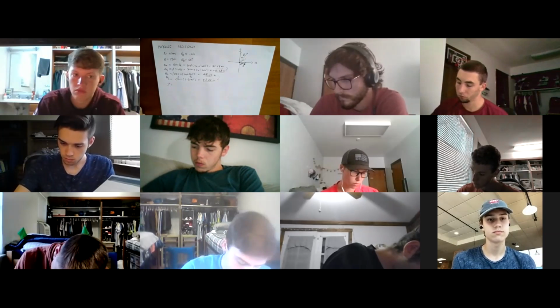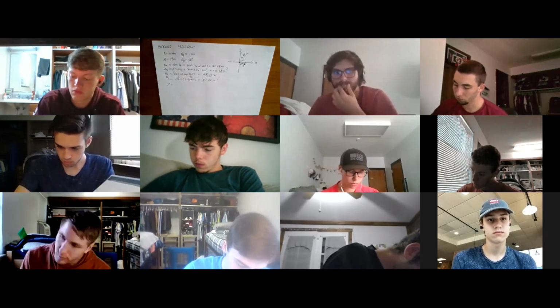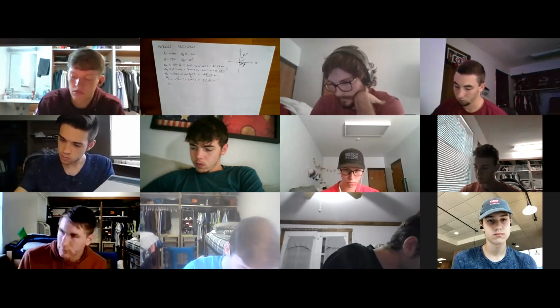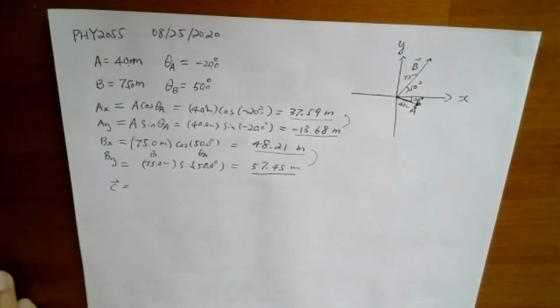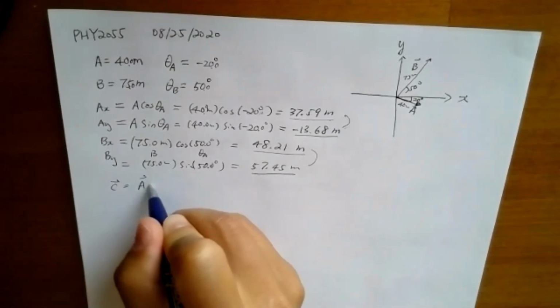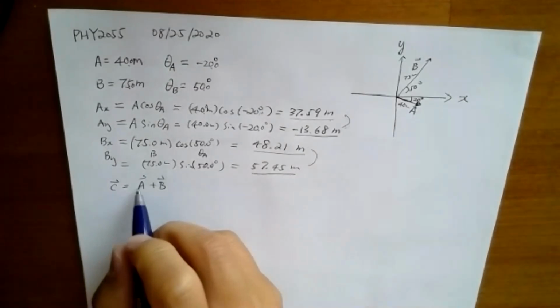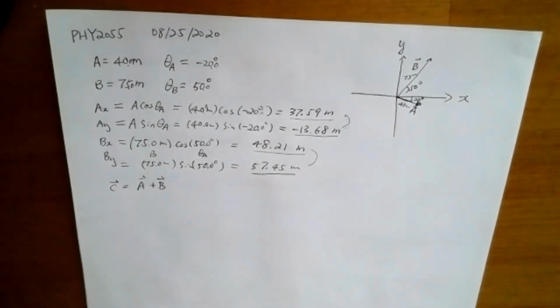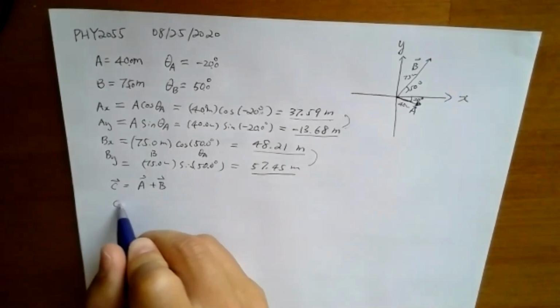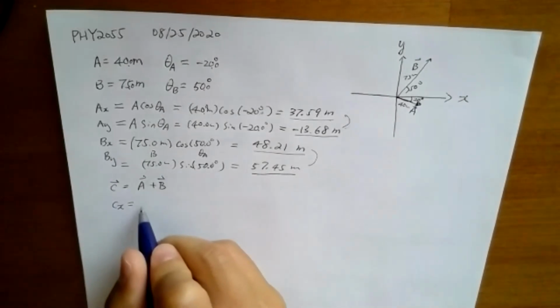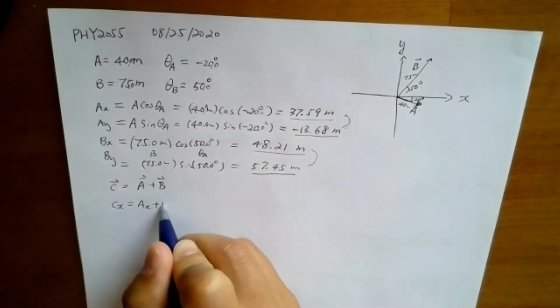So C will be equal to A plus B. With arrows, that means vector addition, but I will be looking at the components. The x components should be just Ax plus Bx, right?